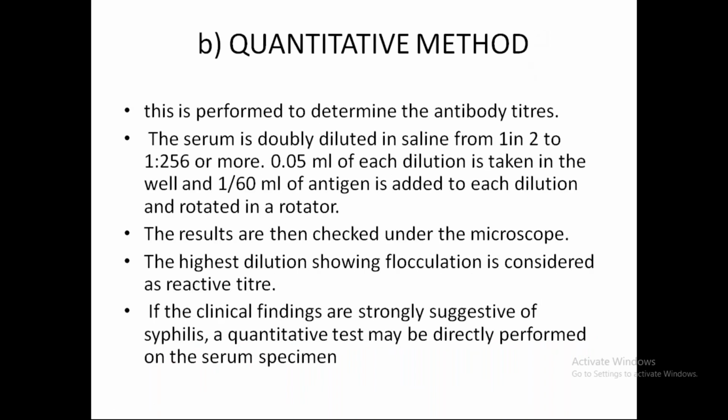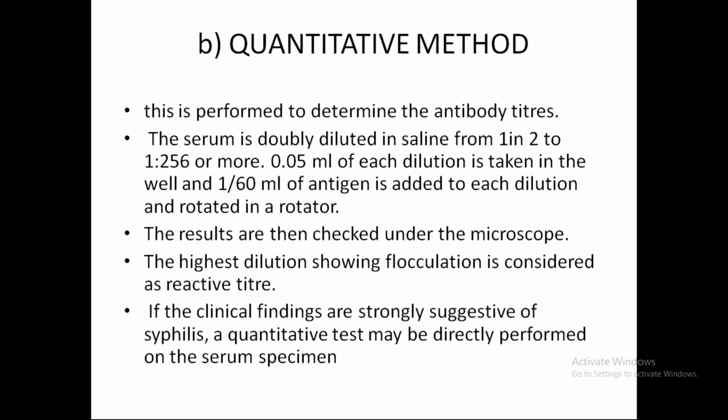Quantitative. For all the samples which test positive through qualitative, compulsorily we have to perform the quantitative method. This is performed to determine the antibody titres. The serum is doubly diluted in saline from 1:2 to 1:256 or more. 0.05 ml of each dilution is taken in the well and antigen is added to each dilution and rotated.